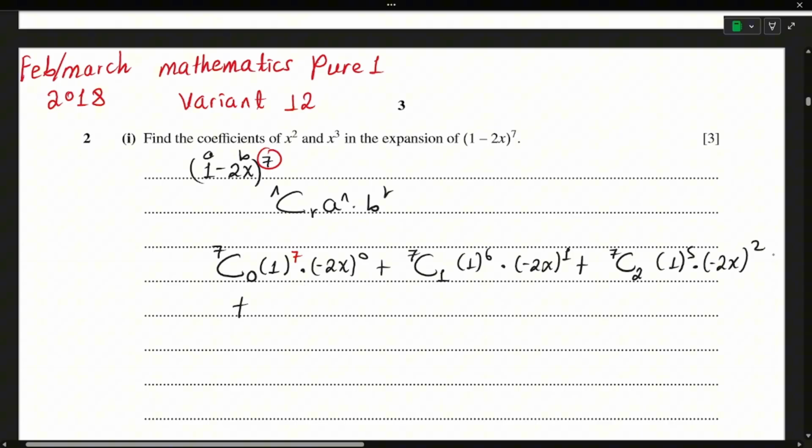Now we have x squared over here, and then we go one step, C with 7 over 3 because it increases by 1. Then a is 1 to the power of 4 times minus 2x to the power of 3, because when we add both of them, they give us 7. So we can continue like this, but we don't need to.